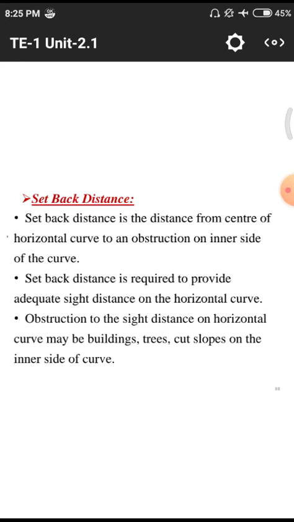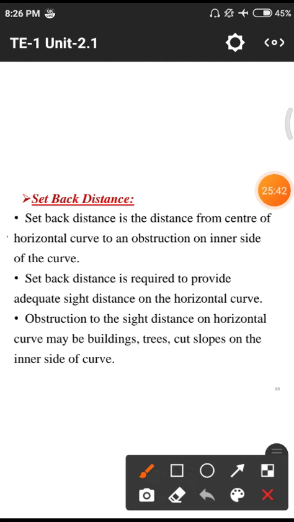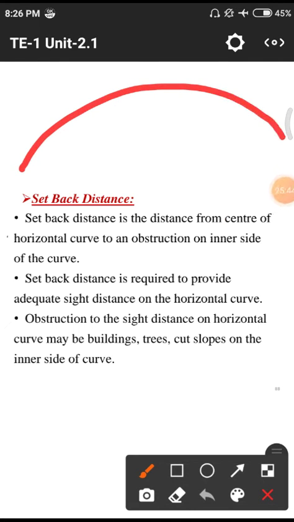The setback distance is the distance from the center of the horizontal curve to an obstruction on the inner side of the curve. That means this is the total horizontal curve and this is the center of the horizontal curve, and from this point to the inner side of the curve.